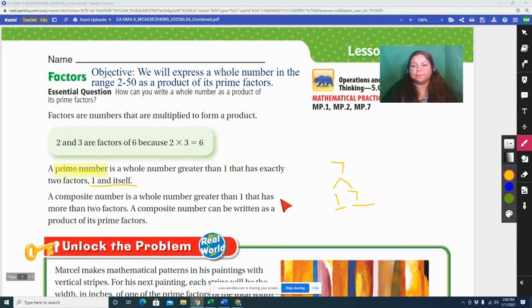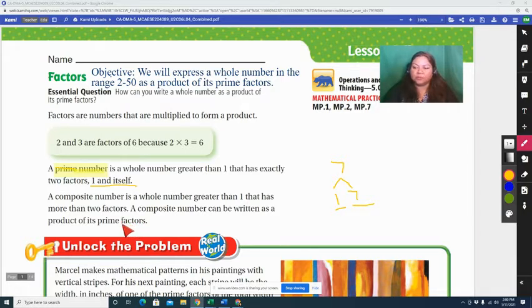So we explore what a prime number is. A prime number only has 2 factors, 1 and itself. A composite number, however, is a whole number greater than 1 that has more than 2 factors. So it's not only 1 and itself, but it has additional factors. A composite number can be written as a product of its prime factors. What does that mean?